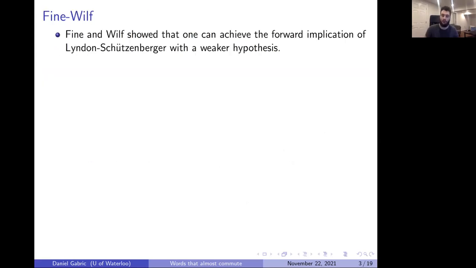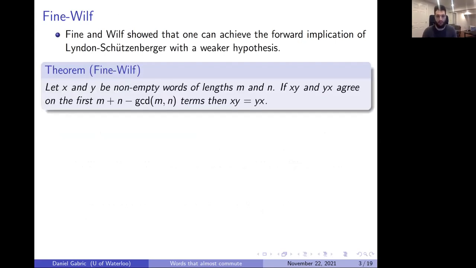So Fine and Wilf later showed that one can achieve the forward implication of the theorem of Lyndon and Schützenberger with a weaker hypothesis. This is the following result they gave. Let x and y be non-empty words of lengths m and n. If xy and yx agree on a prefix of length m plus n minus gcd(m,n), where gcd is the greatest common divisor, then x and y commute.